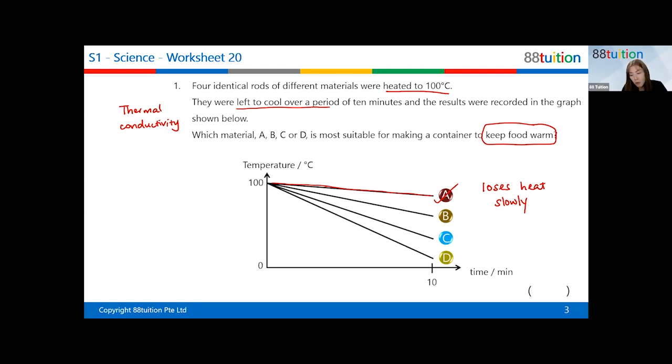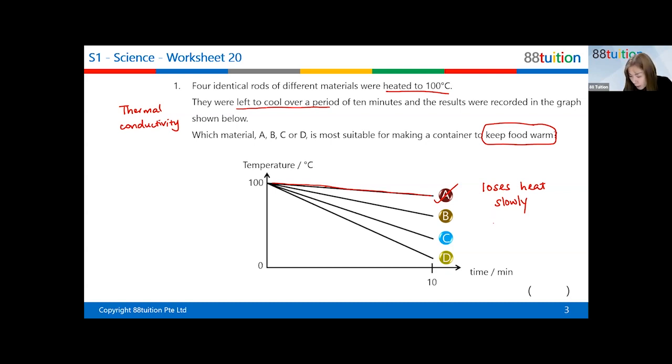What kind of materials lose heat slowly? All right, some examples are like plastic. Yes, very good. Poor conductors. Yeah, that's the term I was looking for. So poor conductors of heat, right? Poor conductors of heat like plastic, like styrofoam.